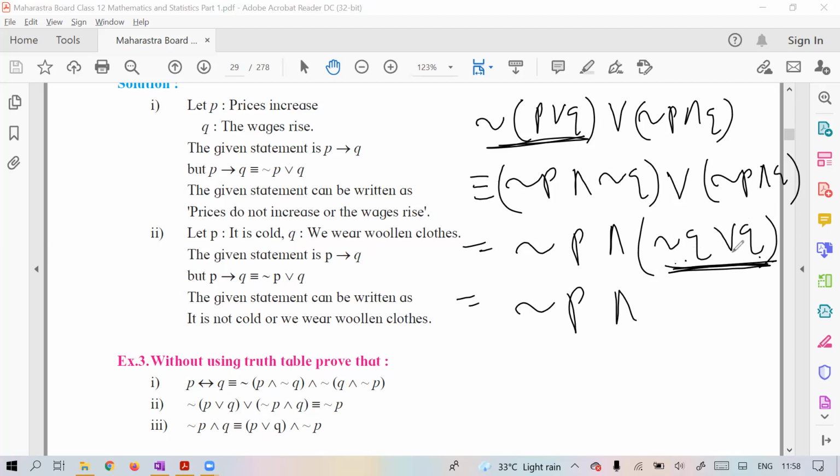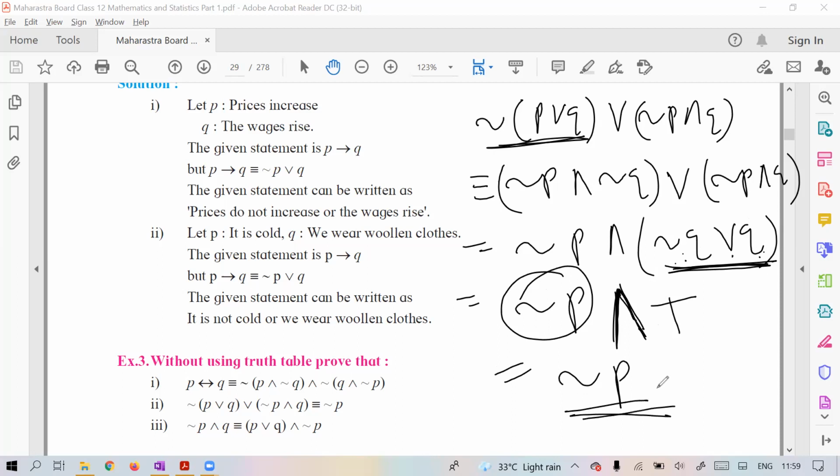So false or true is true, true or false is true, and we get not P and T. That depends on not P. If not P is true, the whole will be true; if not P is false, the whole will be false. So that's what we wanted to do.